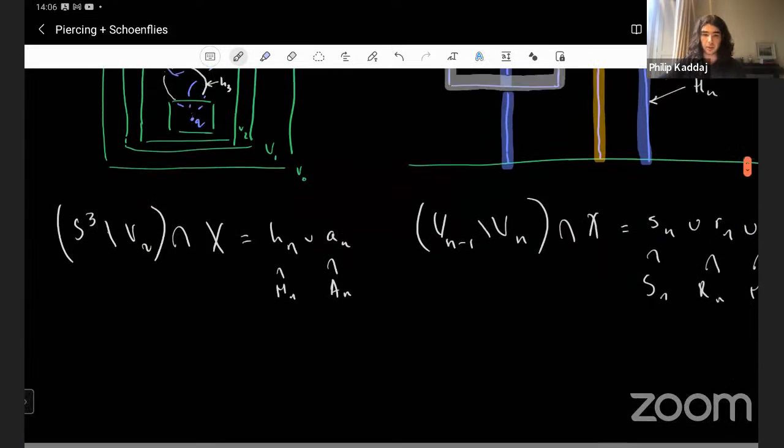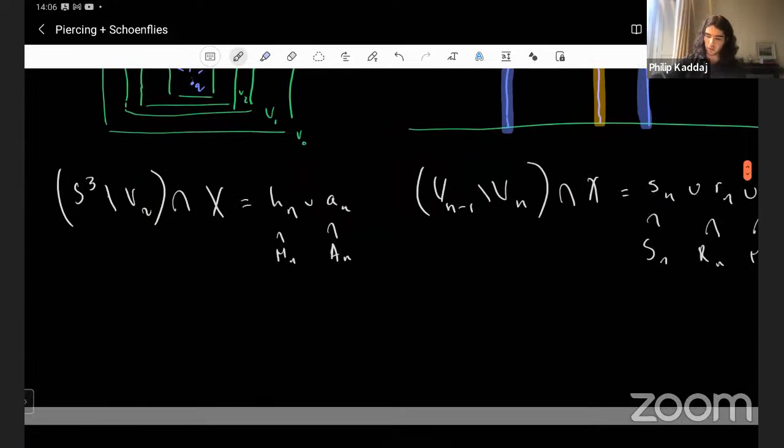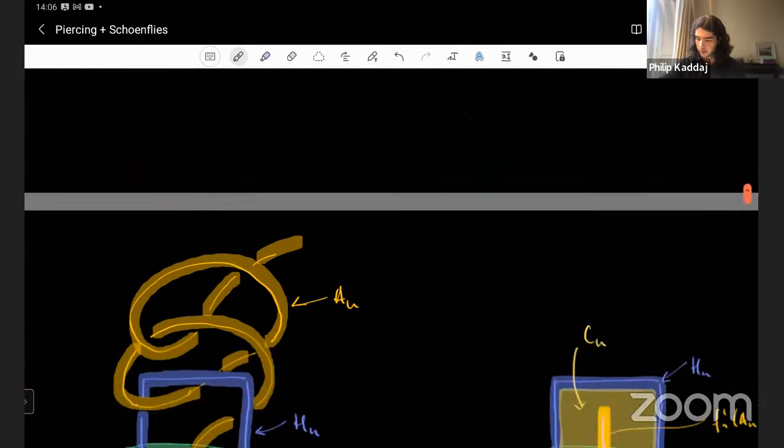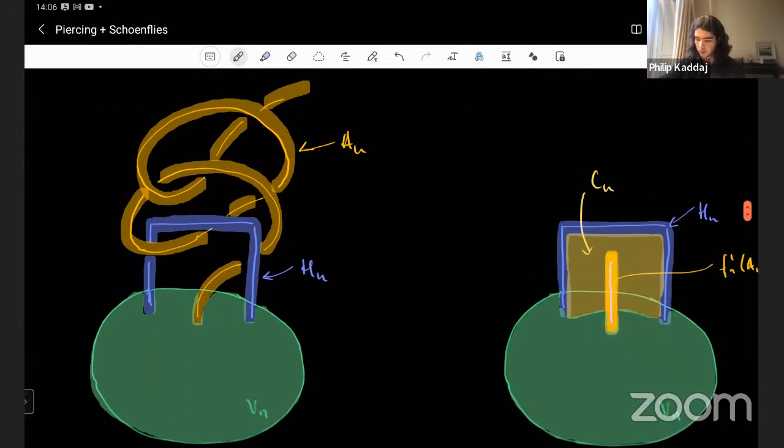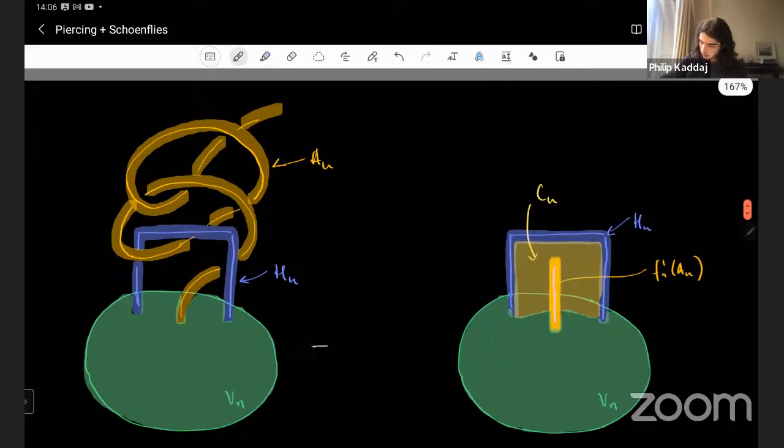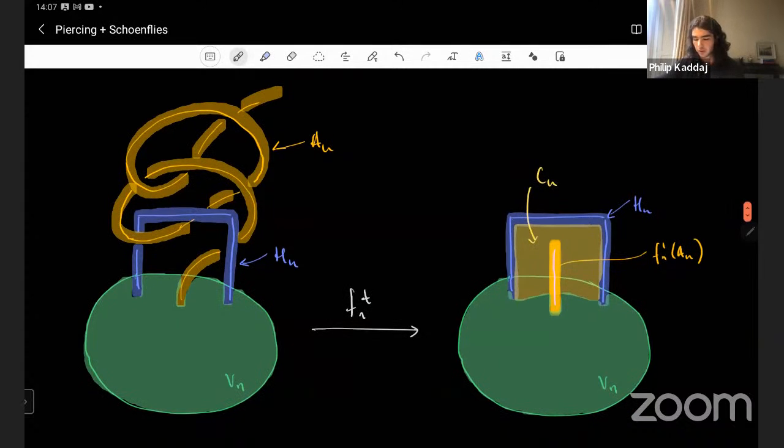So to do this, we consider an isotopy to a point where everything is nice. So we have a family of isotopies, which basically just unwind the arc around the handle. On the left side is the start point, and on the right side is the end point.